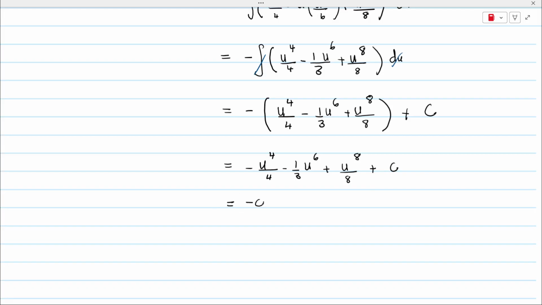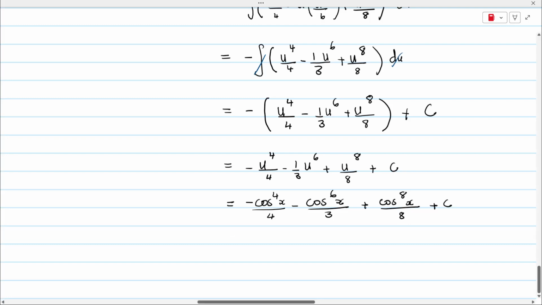So this becomes negative cos 4x all over 4 minus cos 6x all over 3 plus cos 8x all over 8 plus c. So this becomes my answer here.